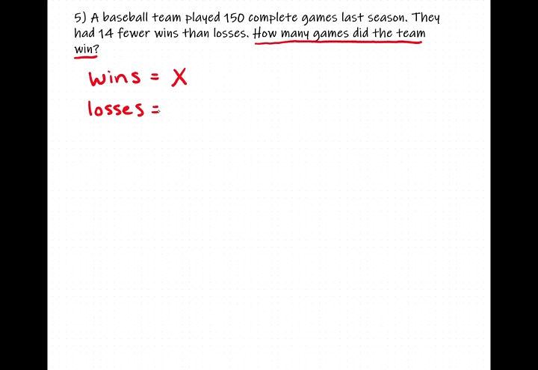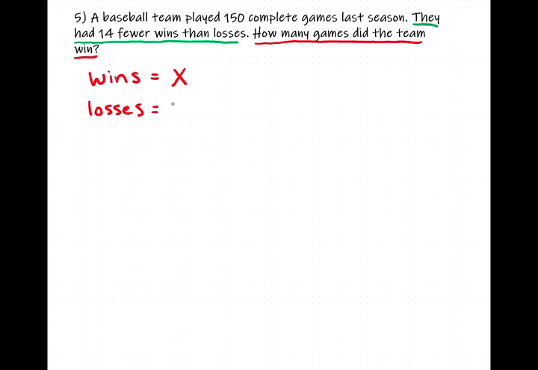Now, what's the relationship between the two? Well, they had 14 fewer wins than losses. That means they had more losses, fewer wins. So the number of losses has to be more than the number of wins.